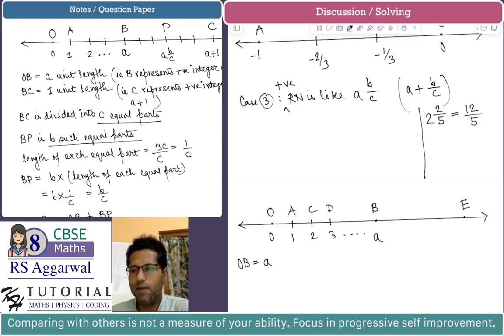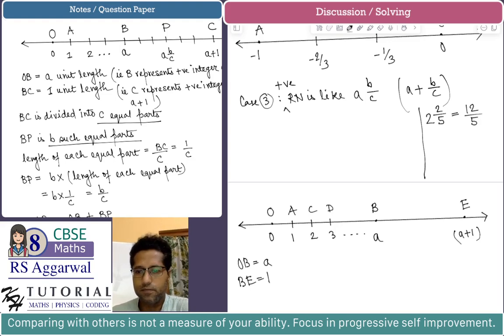Now I will mark the point E to the right hand side of B at unit distance from B. So BE is of unit distance, so definitely the point E is representing the integer a plus 1, because B is representing the integer a, and point E is at unit distance from B to the right hand side.